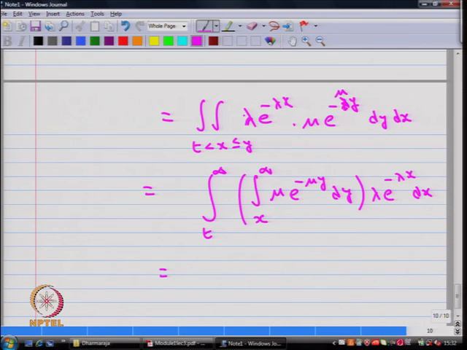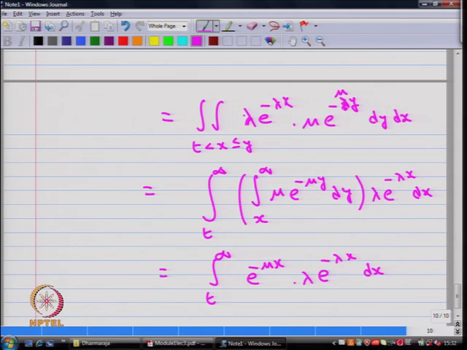Now the inner integration you can integrate and substitute the limits x and infinity. If you simplify, you will get the integral from t to infinity of e power minus mu x, multiplied by lambda times e power minus lambda x dx.